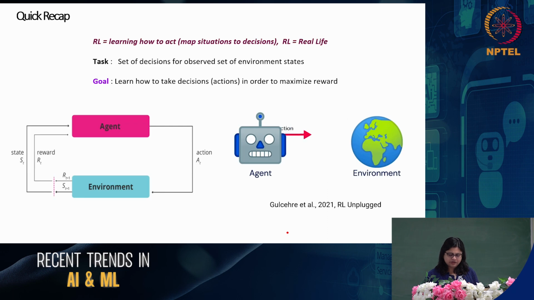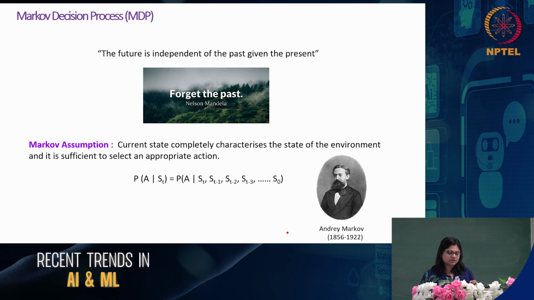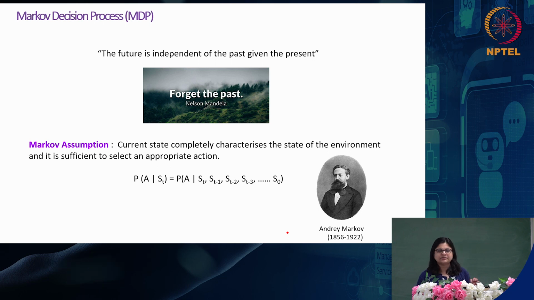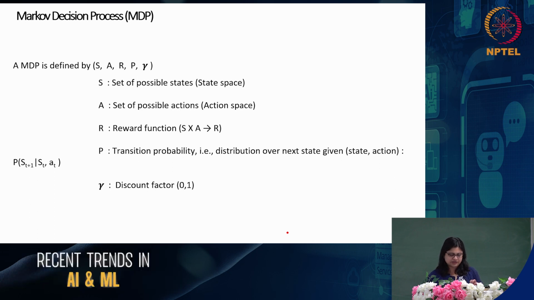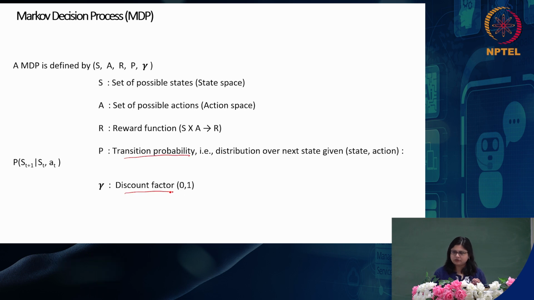Yeah, and then we discussed the Markov decision process also, because RL is basically a Markov decision process. So the Markov decision process has this kind of tuple. S is the set of possible states, A is the set of possible actions, then there is a reward function, transition probability, and also the discount factor.